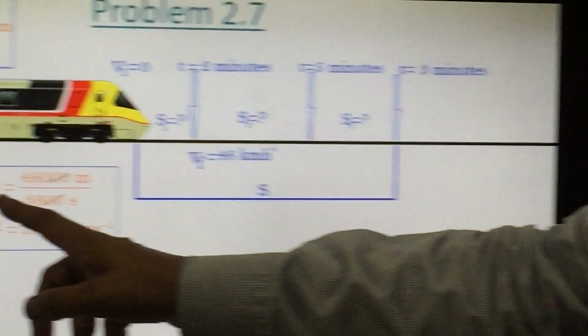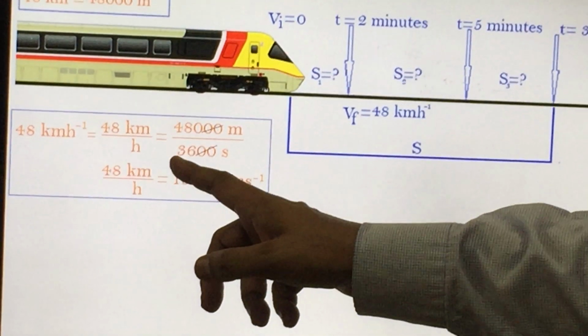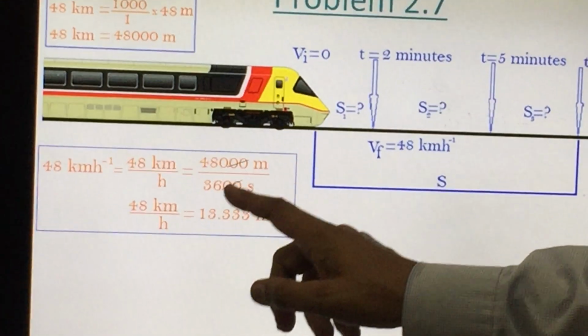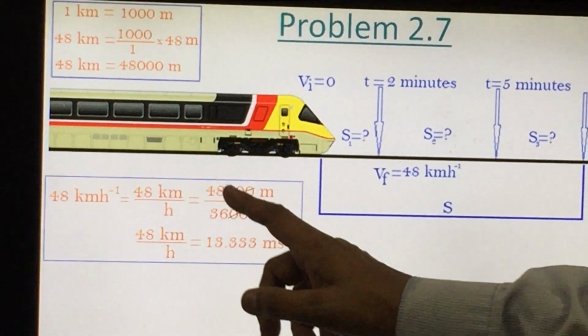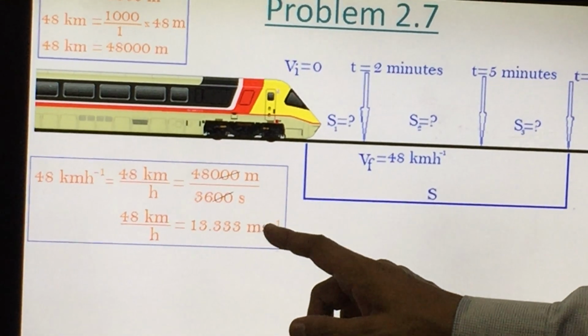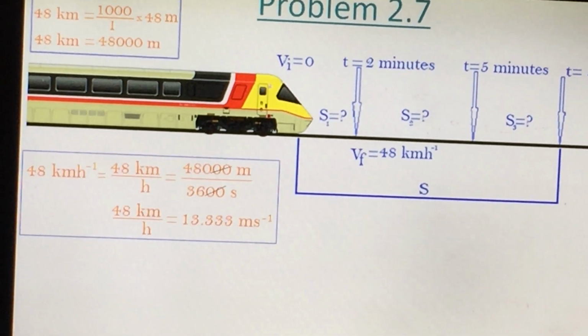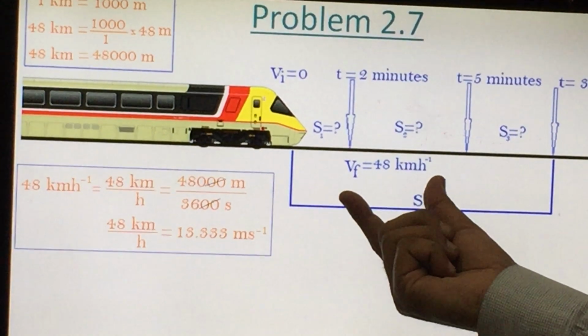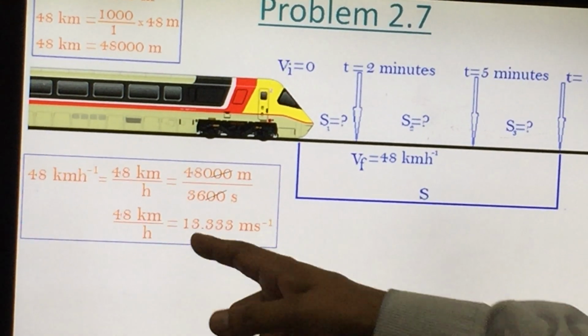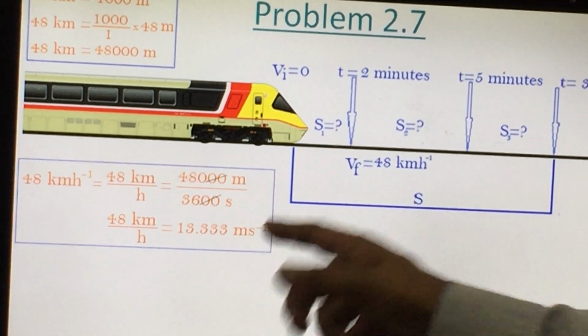So 60 multiplied by 60 gives 3600 seconds. These two zeros are cancelled, and when you divide, the answer is 13.33 meters per second, or second inverse. So your final velocity is converted into meters per second, that is 13.33 meters per second.